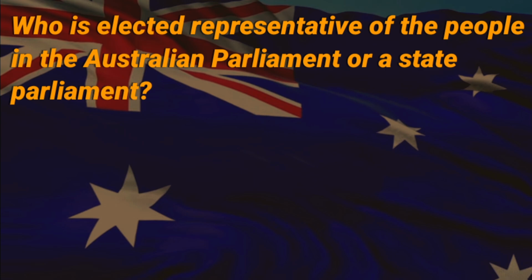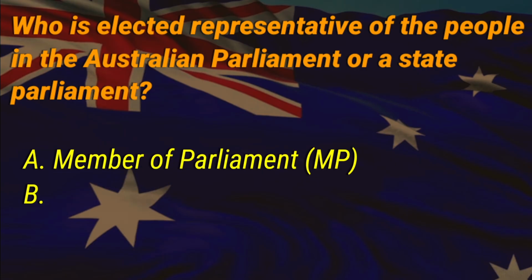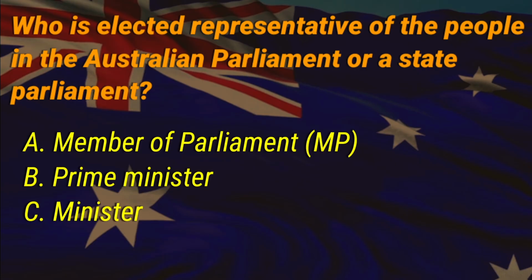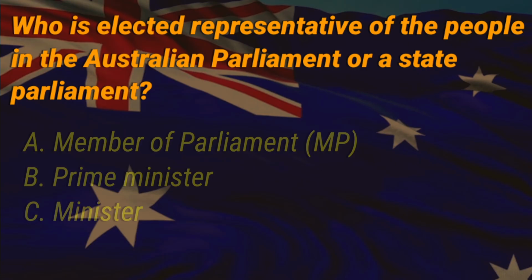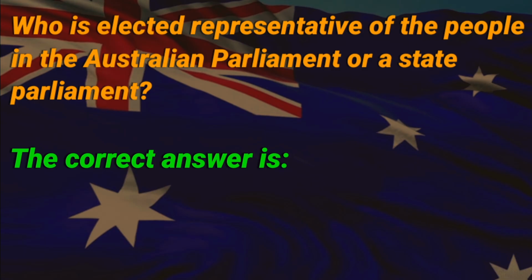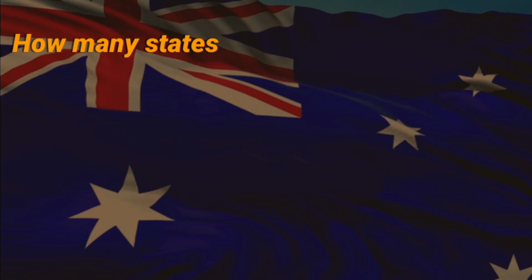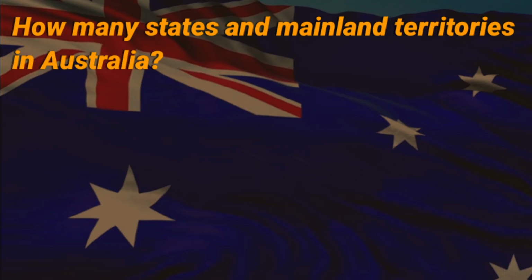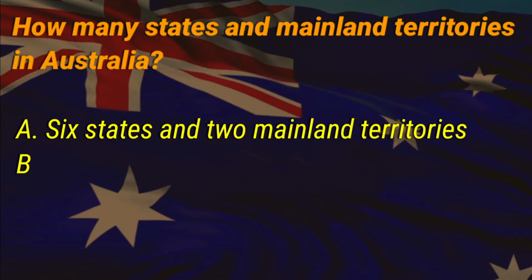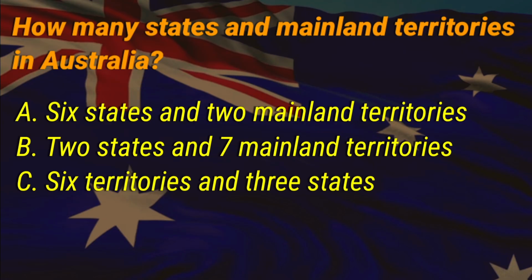True. Who is elected representative of the people in the Australian Parliament or State Parliament? A. Member of Parliament. B. Prime Minister. C. Minister. The correct answer is A. Member of Parliament. How many states and mainland territories in Australia? A. 6 states and 2 mainland territories.